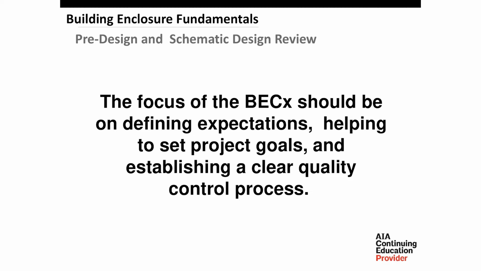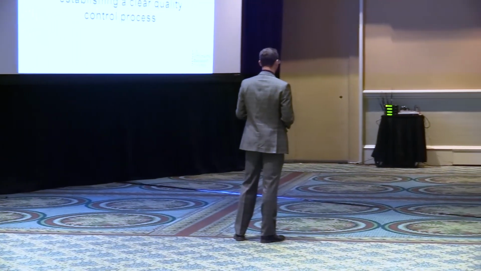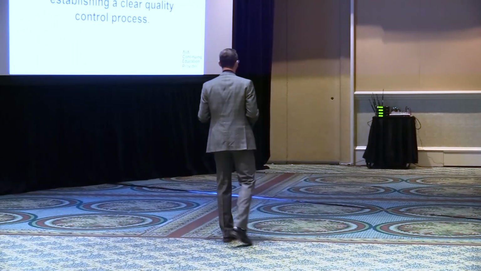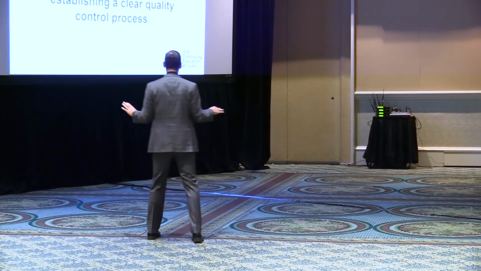When we're defining expectations, we're talking about what are the owner's expectations of the project, what are the other design team members' expectations of the project, what are we trying to achieve in terms of our energy goals, in terms of even the aesthetics of the building, all types of things like that, where the building enclosure commissioning provider can provide high-level feedback that is specific to what they are focused on to an architect that is basically trying to orchestrate an entire project.